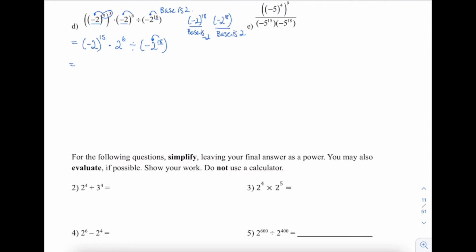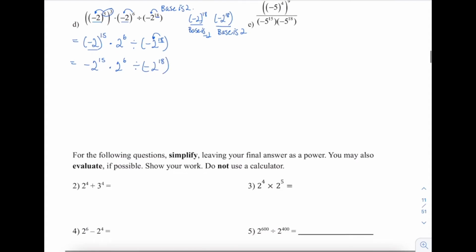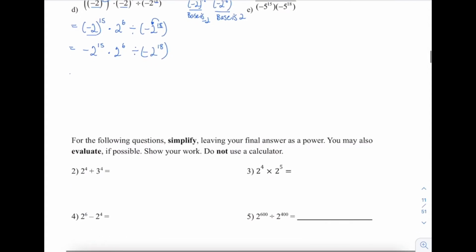All right, so here we go. -2 is our base. The exponent is odd, so I have to write that as -2 to the power of 15 times 2 to the 6 divided by negative 2 to the 18. Now, if we want, we can rewrite it like this.